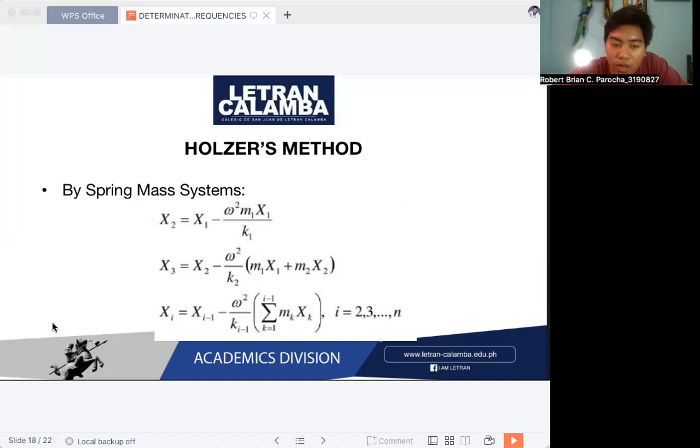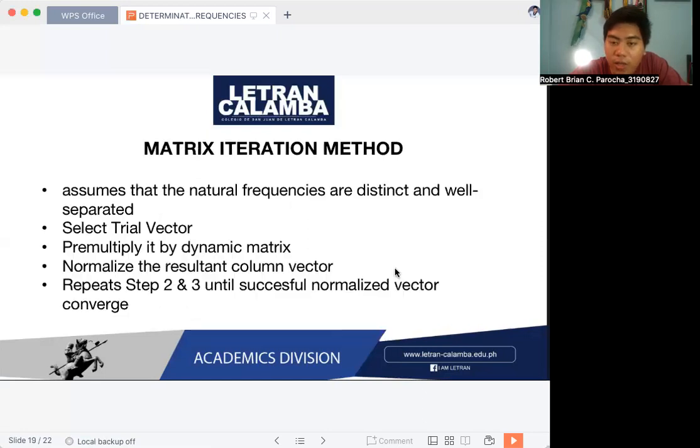Repeat for several other trial frequencies, and plot a graph of f versus frequency. The natural frequencies are those frequencies that give f equal to 0. So, let us show that graph from the previous slide.